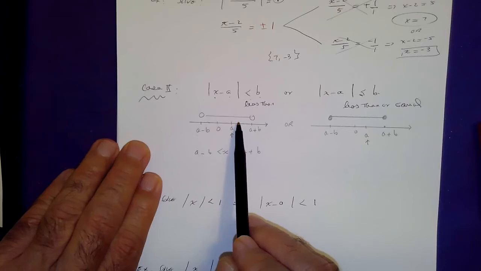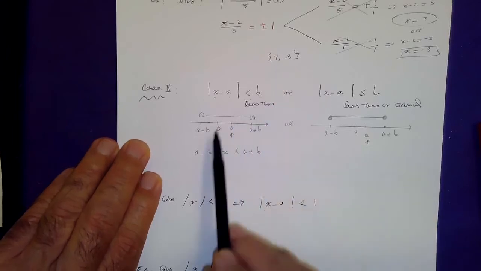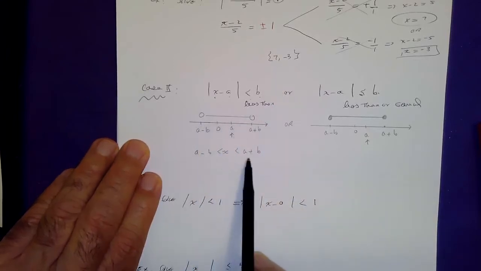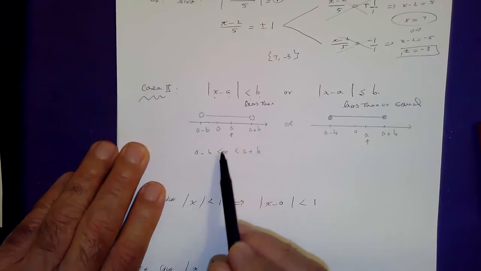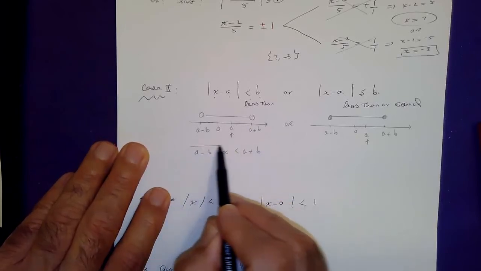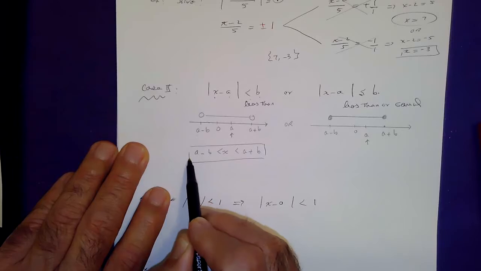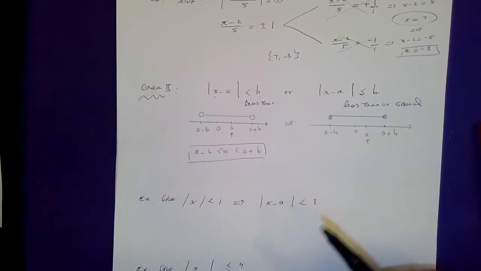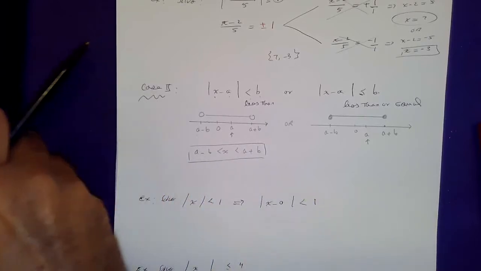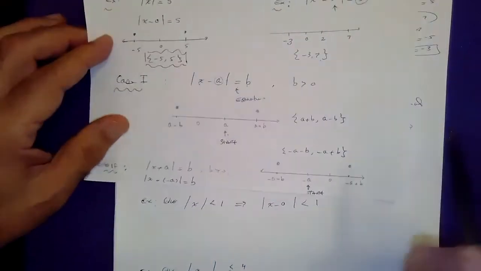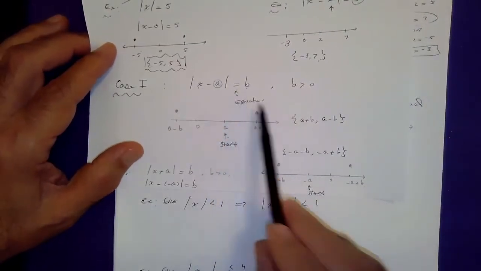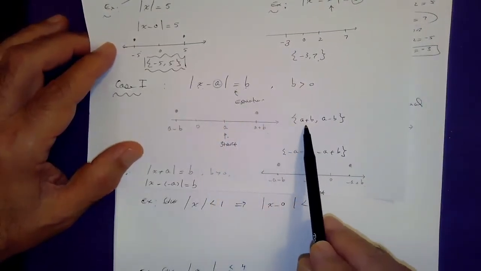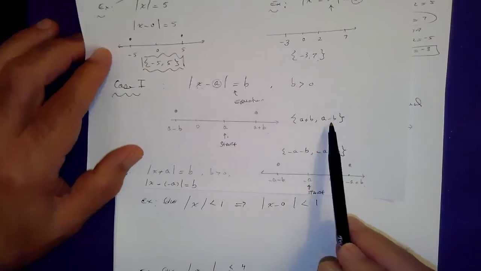So instead of isolated numbers, now we're going to come up with inequalities. Do you see it? In other words, x has to be between a plus b and a minus b, as opposed to just two isolated numbers in case of the equation where x was either a plus b or a minus b.